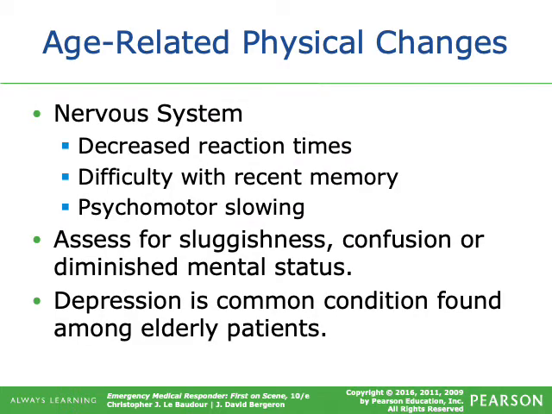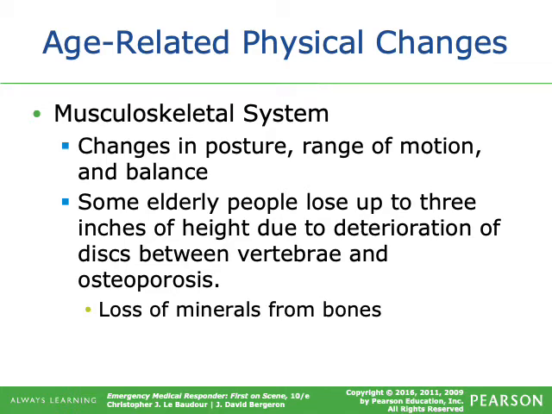All right, nervous system. You have decreased reaction times, difficulty with recent memory, psychomotor skills may start slowing down. Assess for sluggishness, confusion, or diminished altered mental status when you're assessing them. Depression is a very common condition found among elderly adults. Our musculoskeletal system, you're going to have changes in posture, range of motion, and balance.